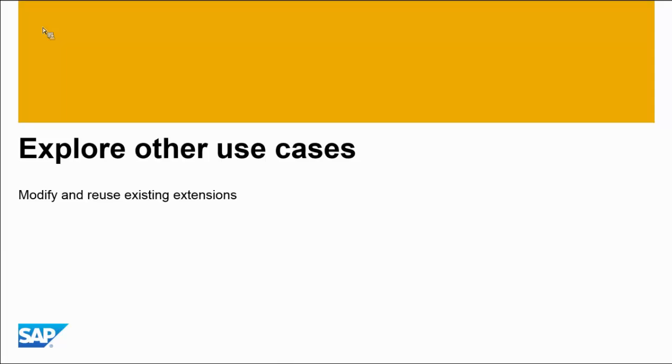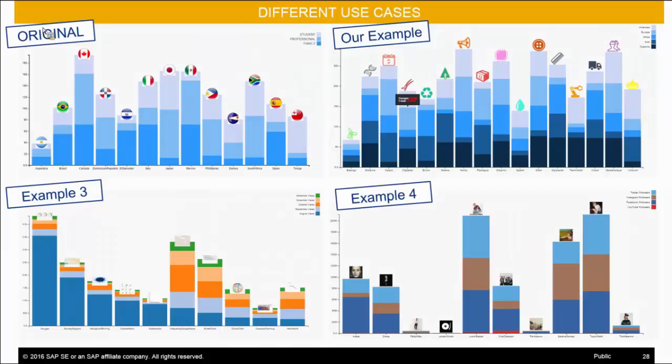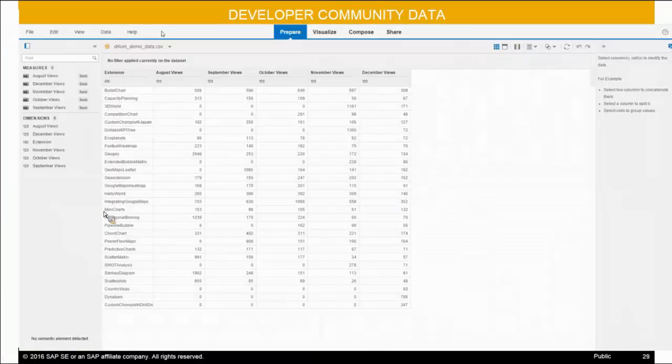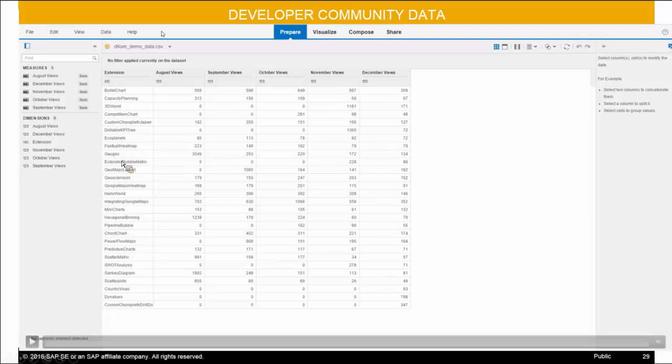And now we move on to the last section of our presentation, which is exploring other use cases. So again, we had our original chart, and then we had our example chart, the one on the top right. And then on the top left is another example that I will explain to you about.